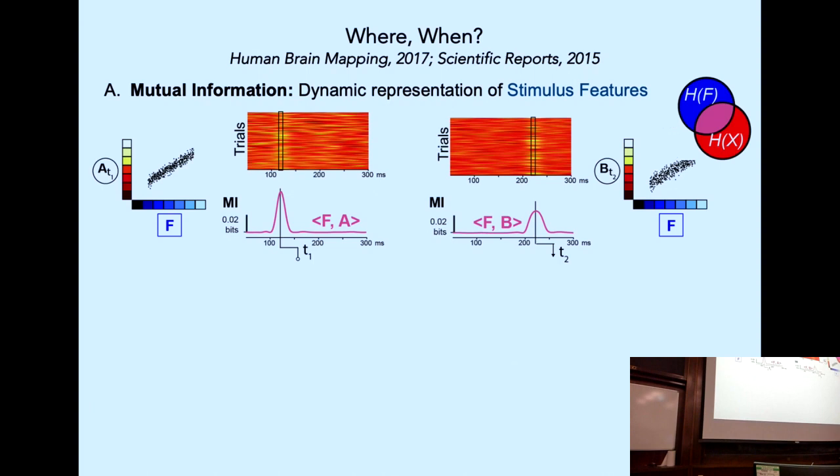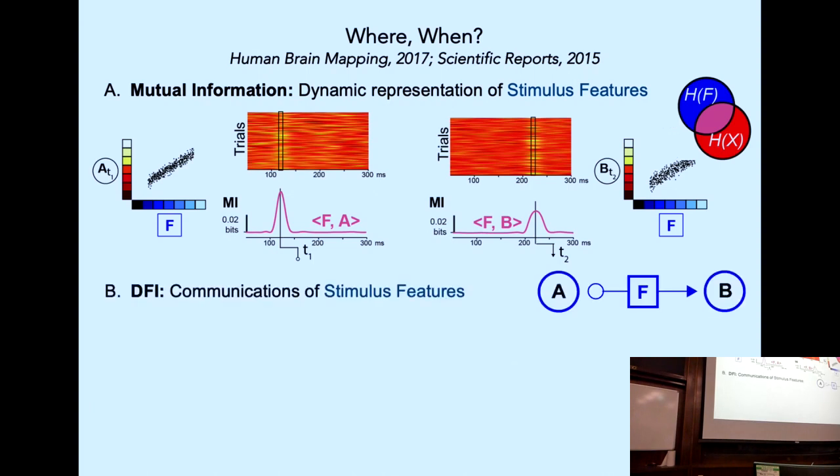Okay? So then we can ask the next question, which is, does A transmit its feature to B? So can we reconstruct in the brain a network that represents and communicates features rather than a network that has some signal and then some signal on the other side?